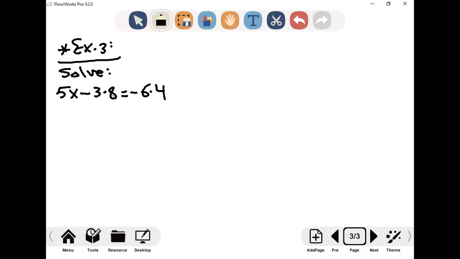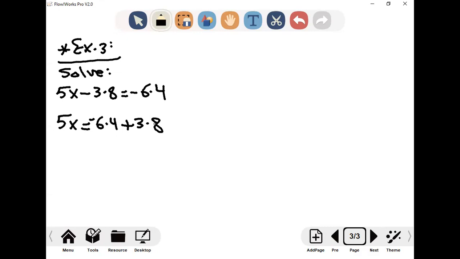Here the connected number is negative 3.8. I will shift it to the other side. It will be positive. So here 5x equal negative 6.4 plus 3.8.